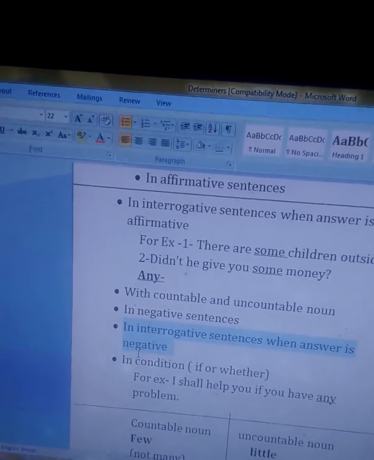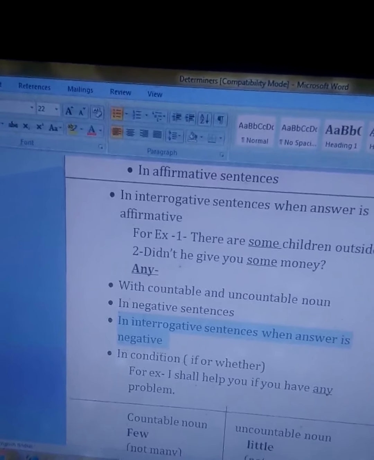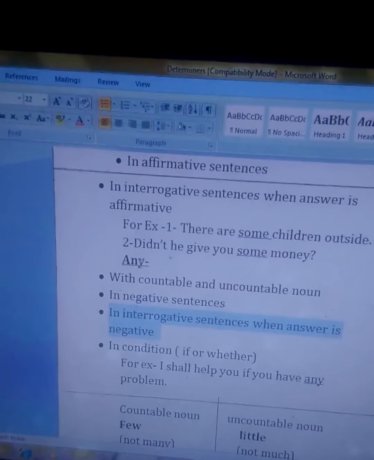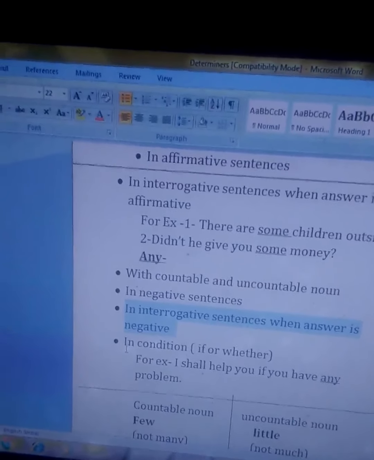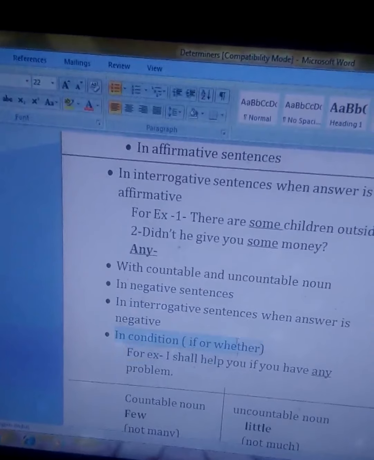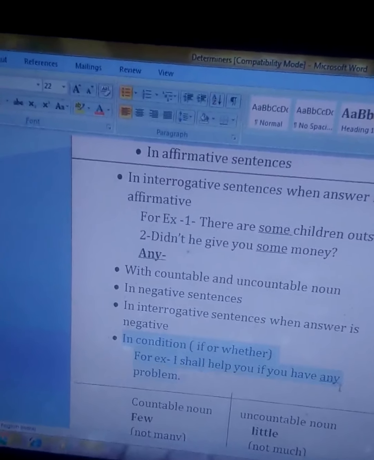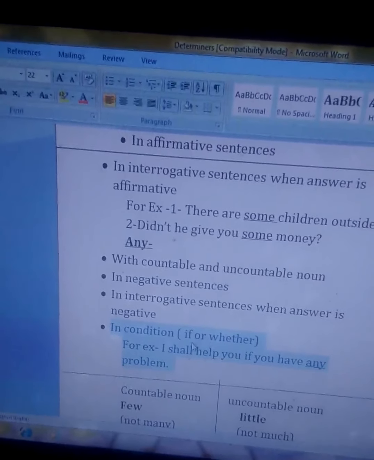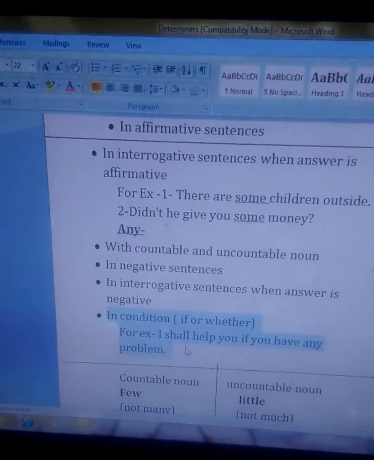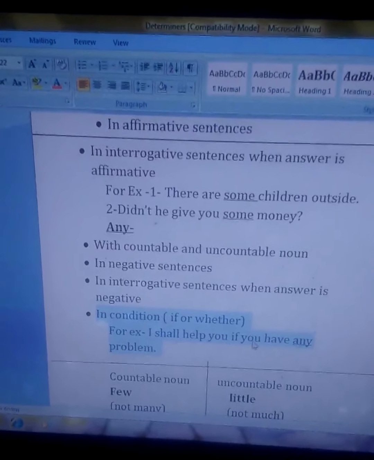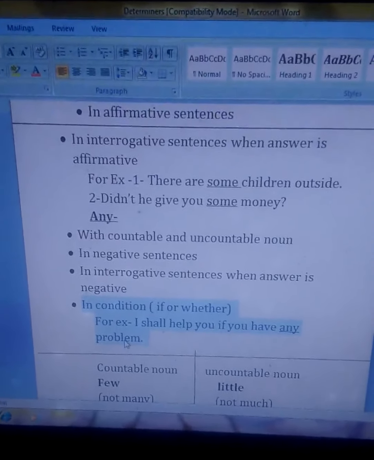In an interrogative sentence, when the answer is negative, we use any. Any is also used in conditions with clauses like if or whether. For example, I shall help you if you have any problem.